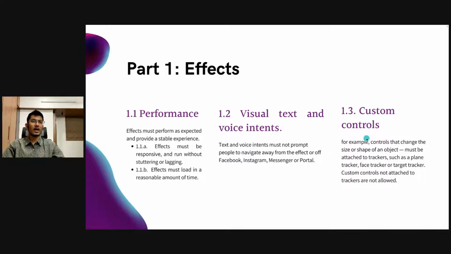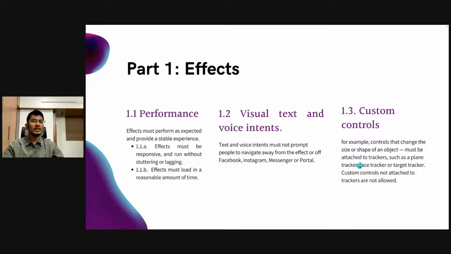Custom controls, for example, custom controls that change the size or shape of an object must be attached to the tracker. So you can't keep buttons in your effect. Either it should be tracked with your face, plane tracker, or different sets of trackers, which are face tracker, target tracker, hand tracker.